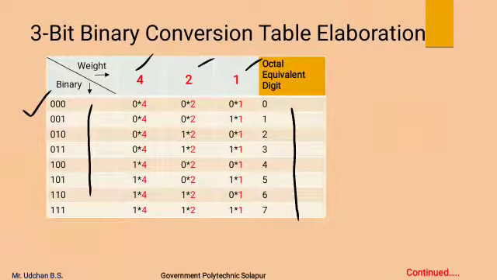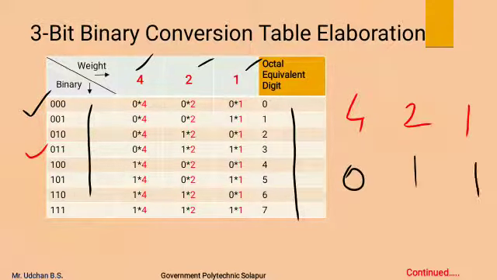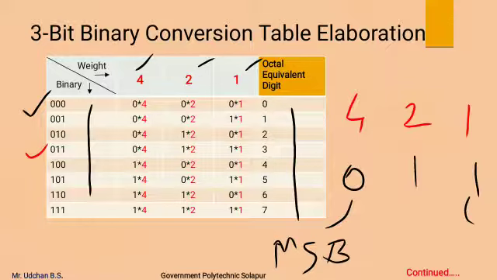Instead of taking 001, I will take this fourth one, that is 011. Again I will write first the positional weights, that is 4, 2, 1. I have considered the number 011. Now again this 0 is the MSB bit and this 1 is the LSB bit.